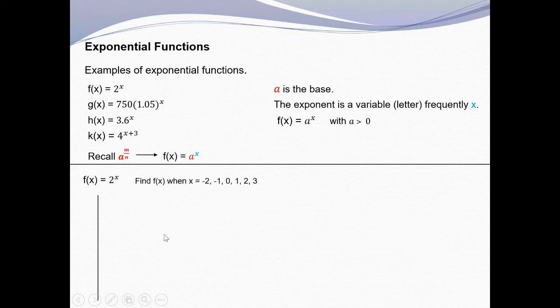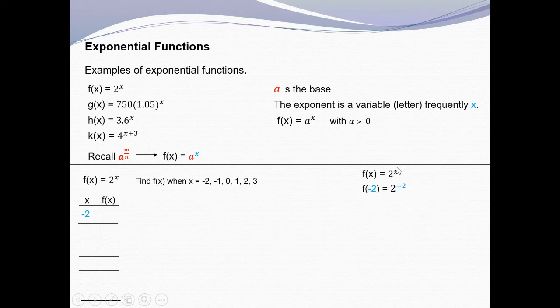So how do we do that? We're going to draw ourselves a little table. That's my x, and this is my f of x, which means this will be my y. I'm going to put all the values here for x, starting with -2. When x is -2, we're going to evaluate the function f of x equals 2 to the x when x equals -2.